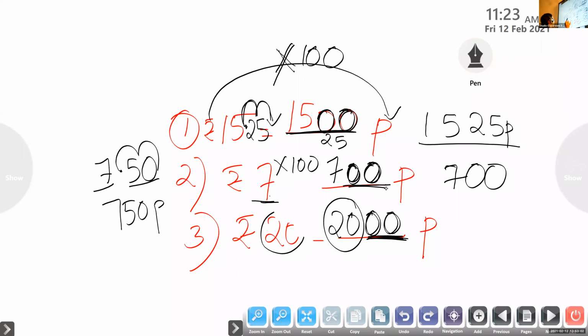Otherwise, if there is any paise, what do we have to do? Just write without a decimal point. That means we are shifting the decimal point 1, 2 digits, because we know 100. How many zeros are there? 2. So how many digits should we move? 2 digits from left to right.